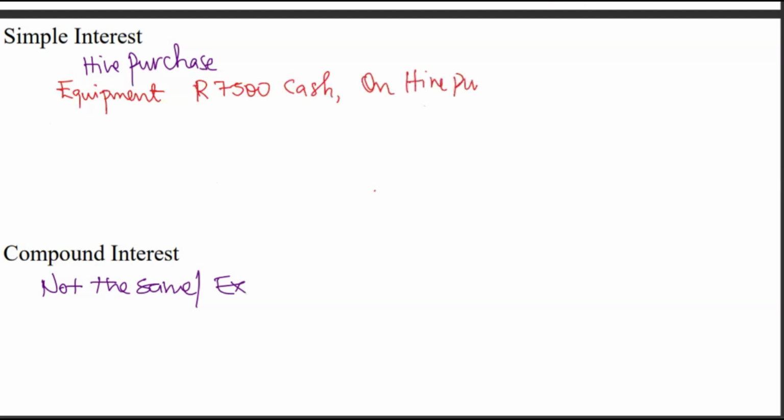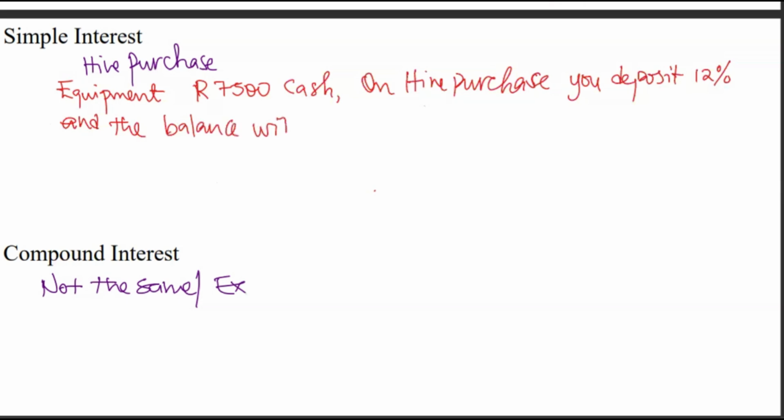But on hire purchase, one deposits 12%, and the balance is paid with, let's say, 10% interest.